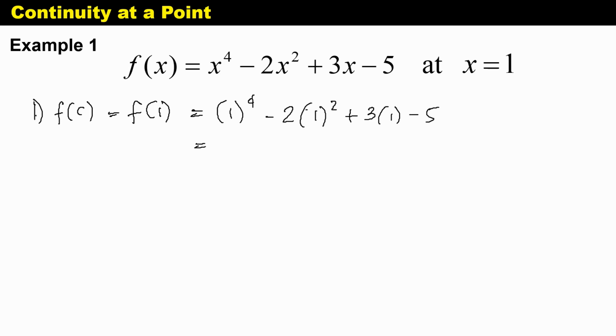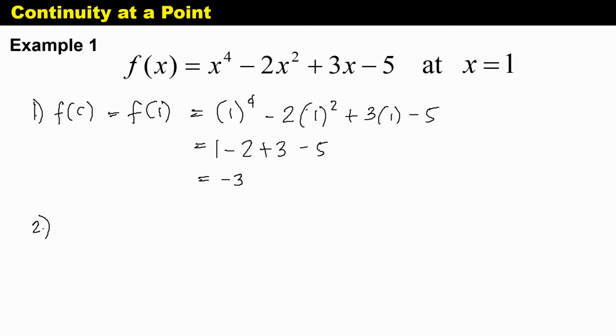This is 1 to the fourth is 1, minus 2 times 1 is 2, plus 3 minus 5. Now, simplifying this, we get negative 1 plus 3 is positive 2, minus 5 is negative 3. So we already have our first condition.